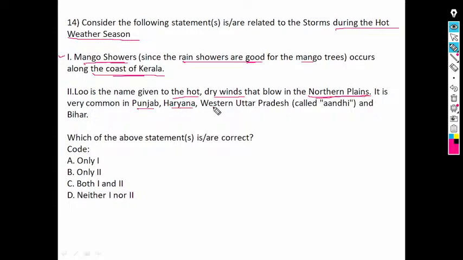It is very common in Punjab, Haryana, Western Uttar Pradesh and Bihar. Very hot and dry winds that blow in the northern plains: this is correct. Mango showers occur along the coast of Kerala: yes, it is also correct. So 1 and 2 are both correct.